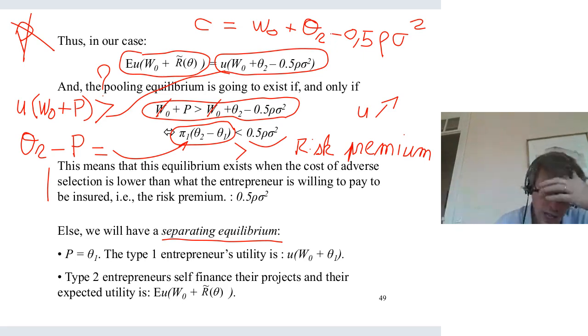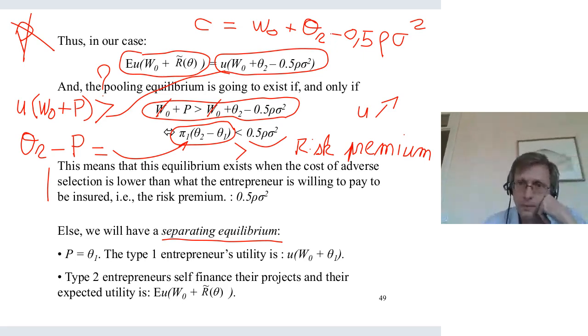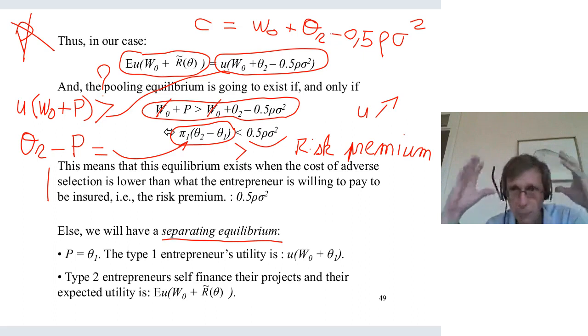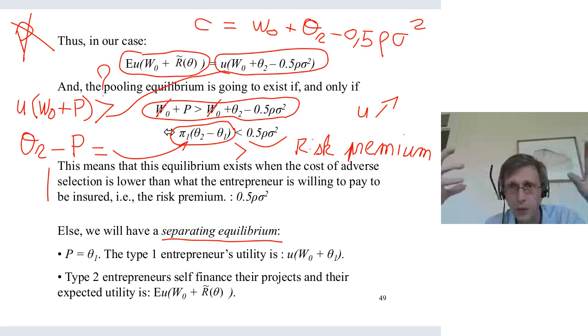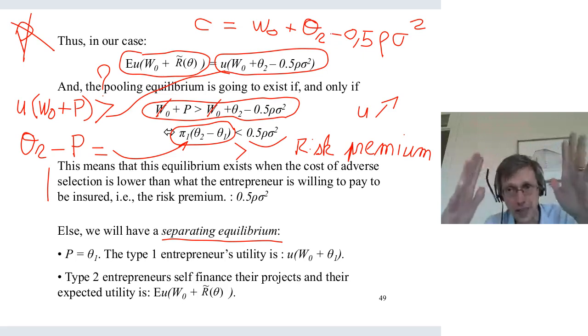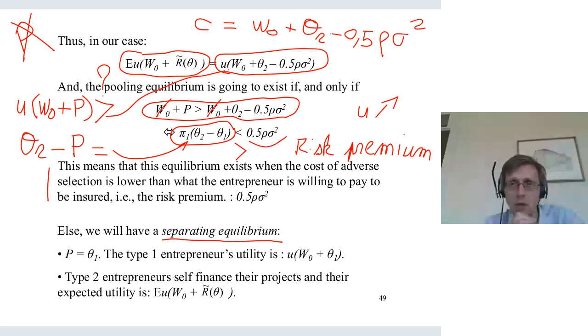What is the idea of what is called a pooling equilibrium versus a separating equilibrium? Well, in a pooling equilibrium, the two types of entrepreneur are pooled together. Everybody is willing to sell at the same price. But in a separating equilibrium, you see that there are two different behaviors. On the one hand, a type 1 entrepreneur accepts a price, whereas a type 2 entrepreneur prefers not to sell his or her firm.